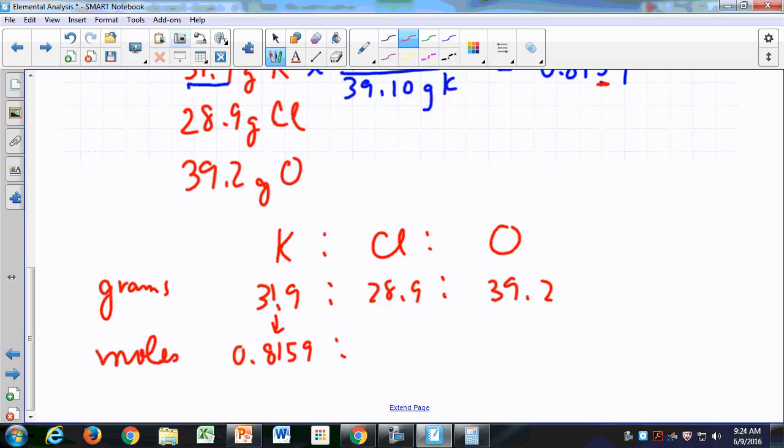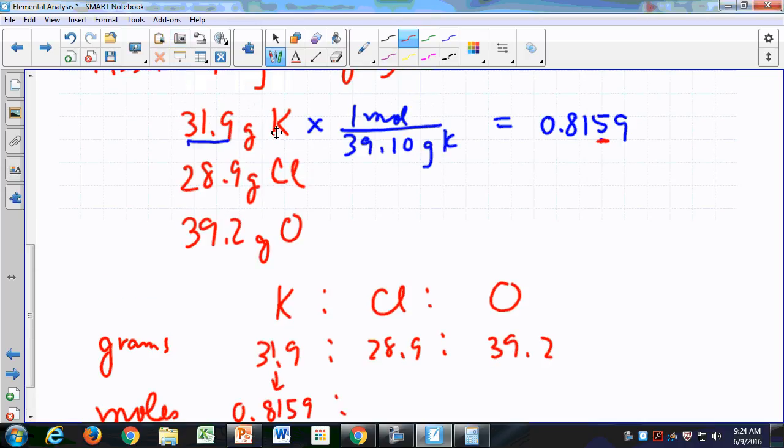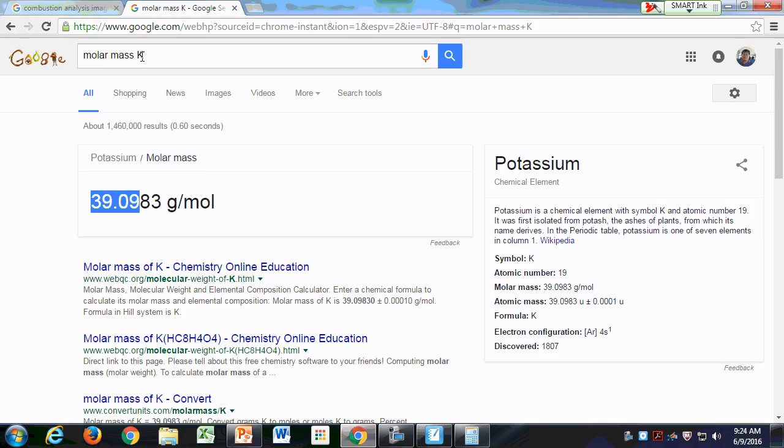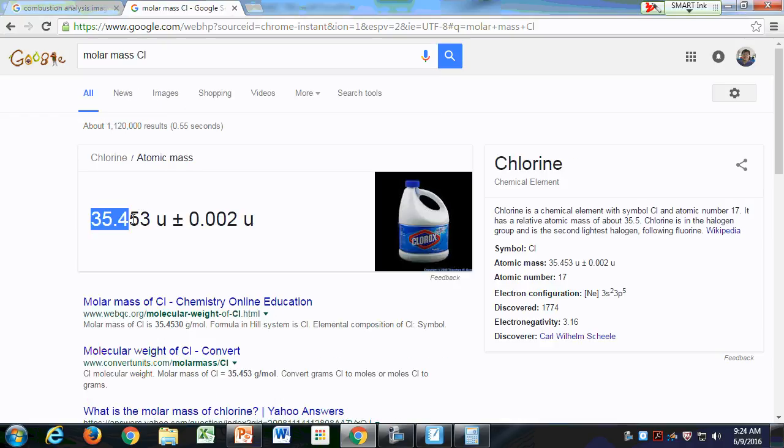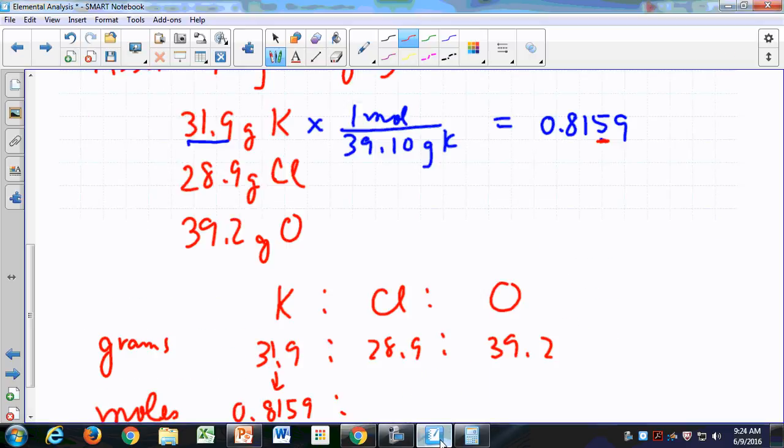And for chlorine, the molar mass is 35.45 grams per mole. You can get that from your periodic table as well. So times 1 mole over 35.45 grams of chlorine.